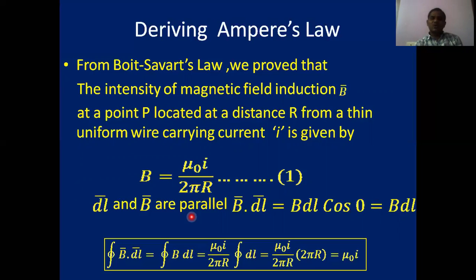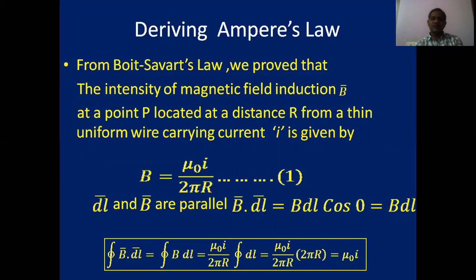So here we can write B bar dot dL bar equals B dL cos 0 using the dot product. A bar dot B bar equals AB cos theta. So B bar dot dL bar equals B dL cos theta. Since theta equals 0 here, we have B dL cos 0, that equals B into dL.